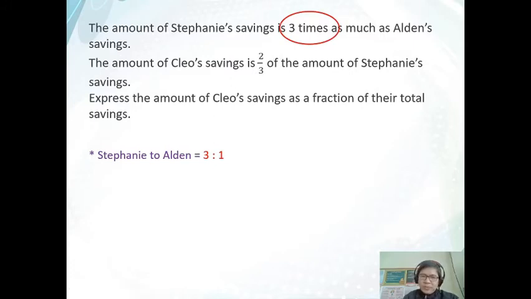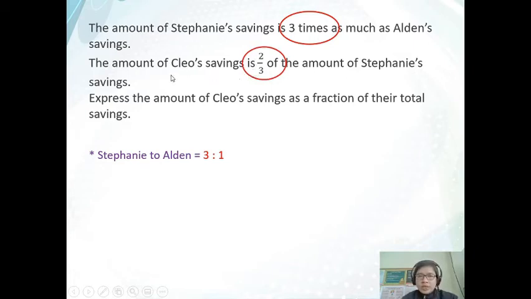From the previous page, we know that Stephanie to Alden is 3:1. I make it shorter so I don't need to write a long sentence, but you know the meaning, right? This one is Stephanie's saving, this one is Alden's saving. Then from the second sentence, we note that Cleo is 2/3. From the fraction, we can write it into a ratio.